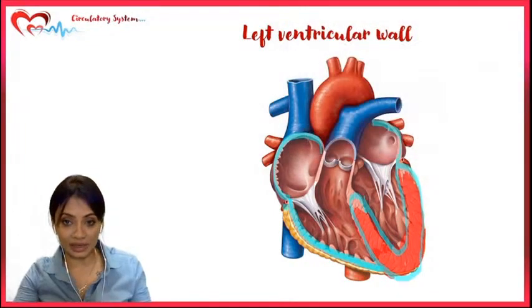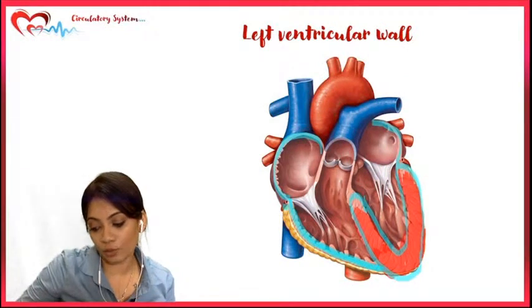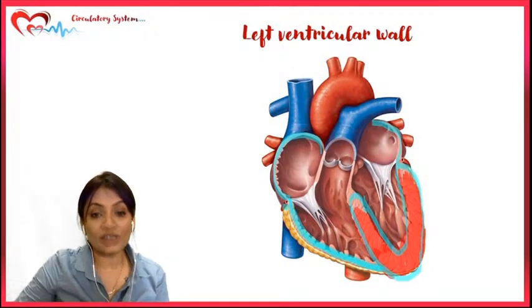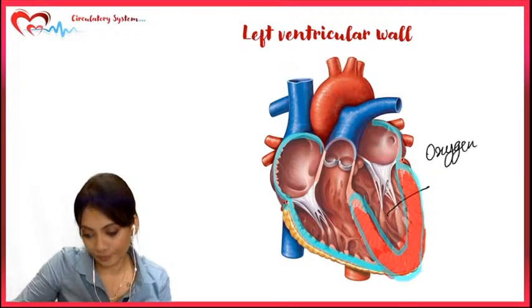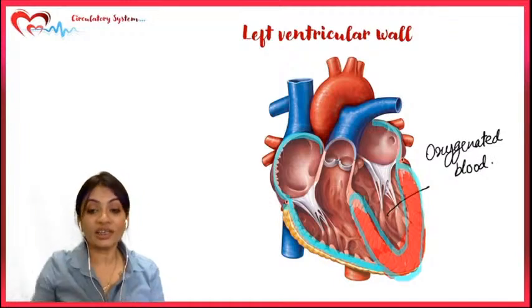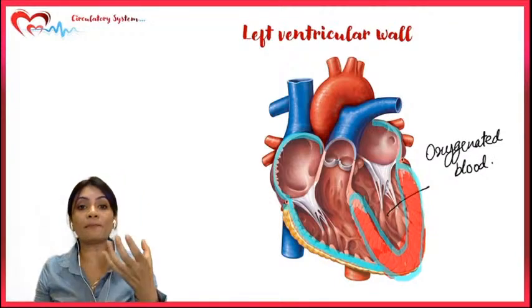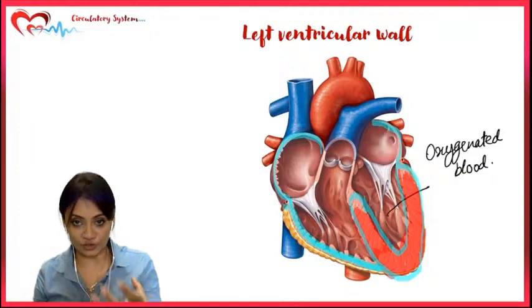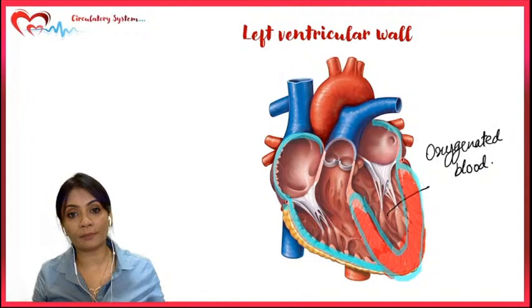The reason being that this is the chamber which has got oxygenated blood. This oxygenated blood needs to be pumped so forcefully that the blood inside can reach all the different parts of the body.